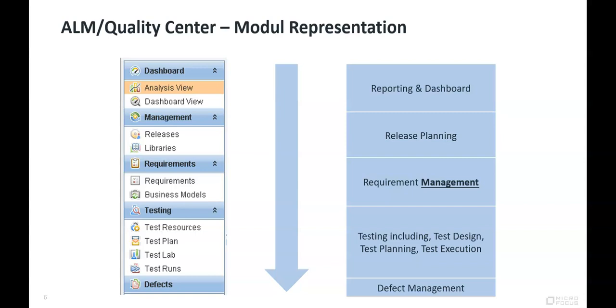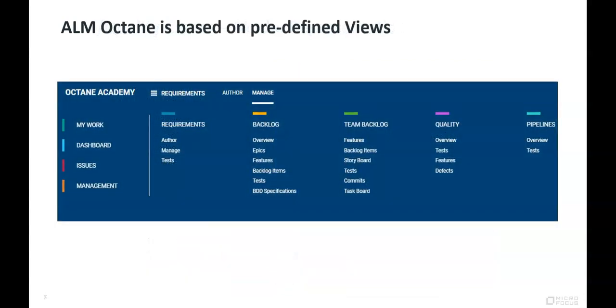So the defect module was not where you could run test cases. And in Octane you have this view where you can use just one view to implement the job and do everything you need to cover the process.